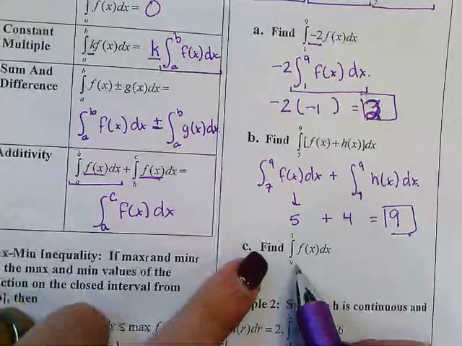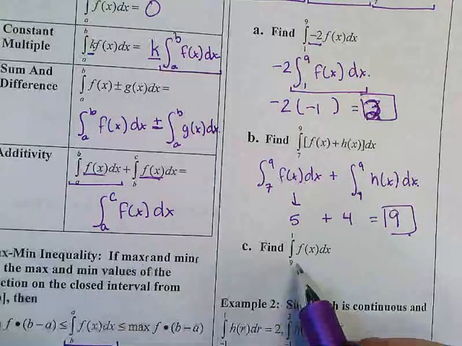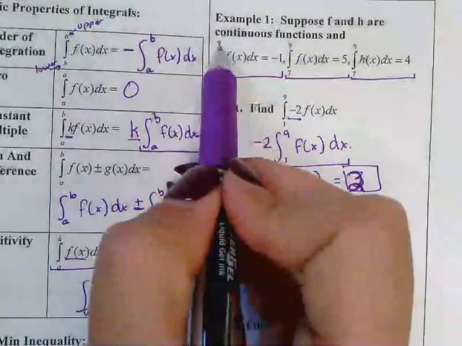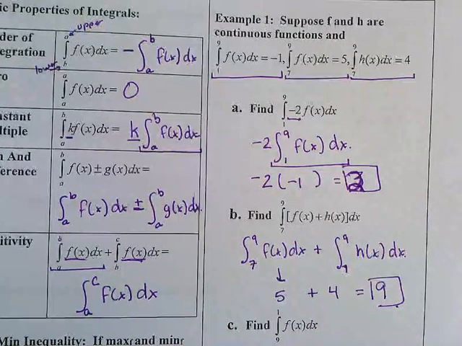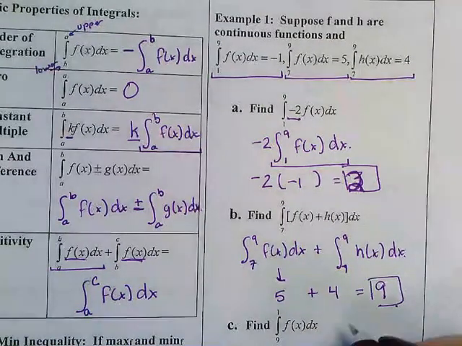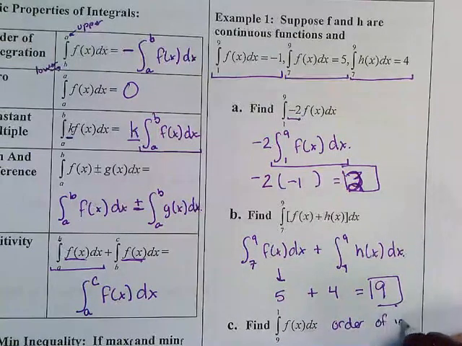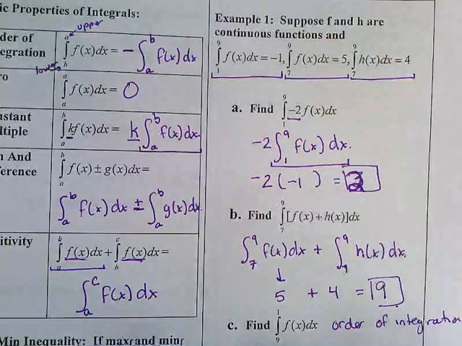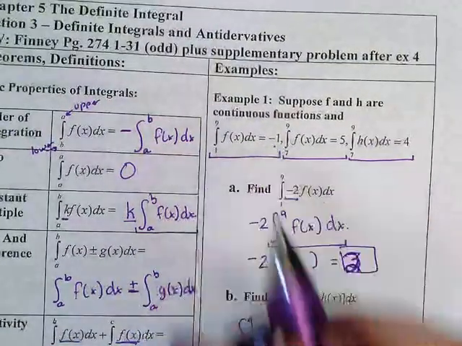Now, what do you notice here? It's f of x, there's 1 and a 9, but what do you notice is that the 1 and the 9 have been switched. Their bounds, their order of integration is different. So if it was 1 to 9 of f of x dx, we know that that is -1.